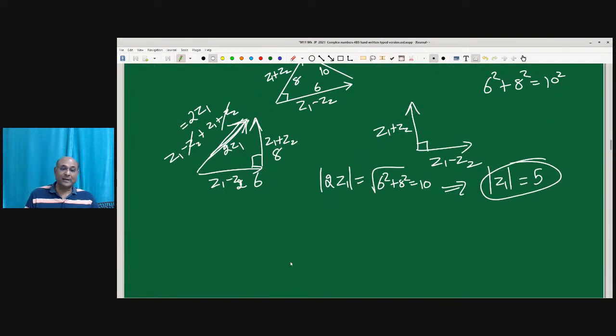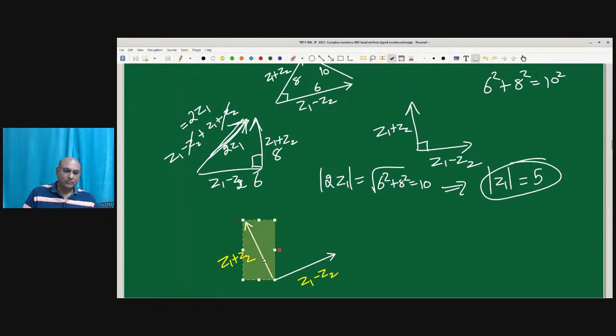Let's draw the diagram again. So Z1 minus Z2 looks like this, at some angle, it doesn't have to be like this. Let me draw it. Z1 minus Z2 must look like this. Z1 plus Z2 must look like this. And so this is Z1 plus Z2, Z1 minus Z2.